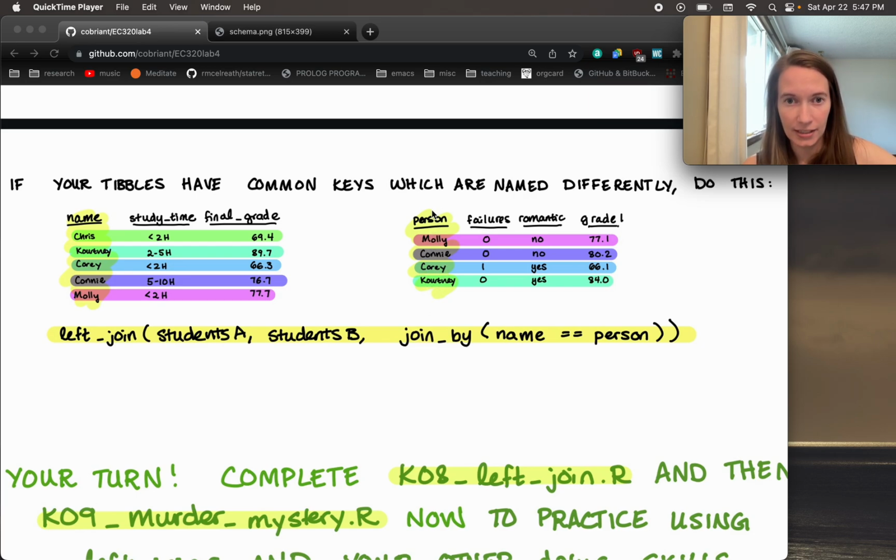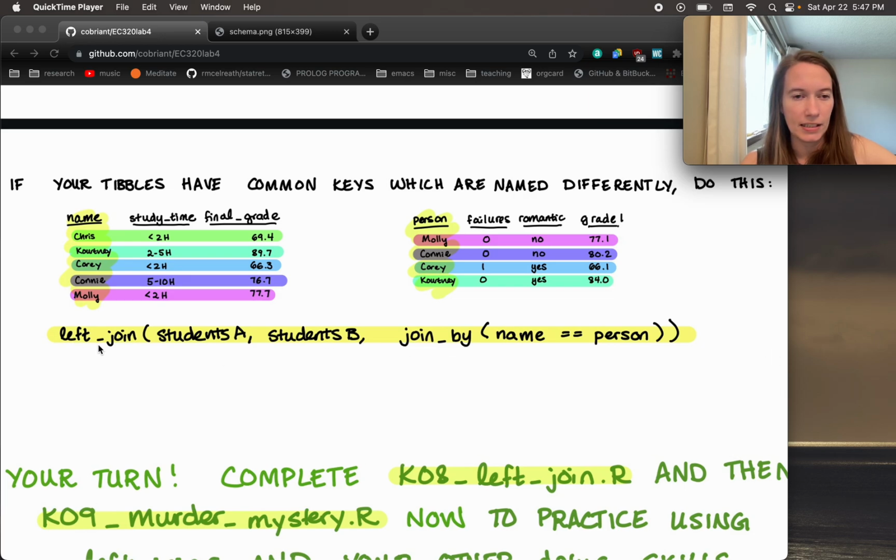And the person column here matches up with the name column here. And the syntax to deal with that, you could use select to rename this tibble to say this should be name, not person. That's one option.